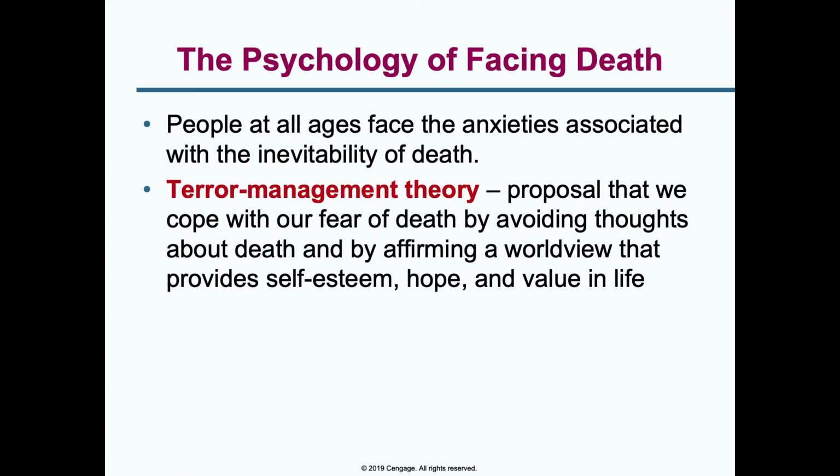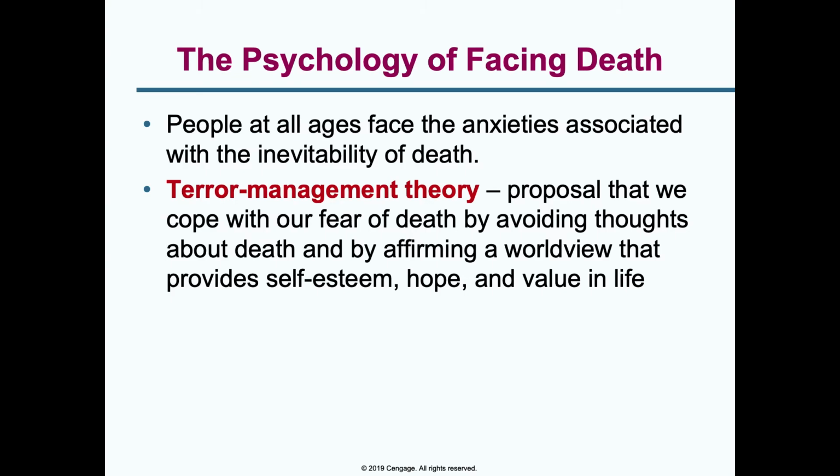Then there's a whole section on how people at all ages face anxiety when they think about the fact that death is inevitable. This does not just have to happen at an older age. We often all face anxieties, and to combat these anxieties, we use what we call terror management theory, where we cope with our fear of death by either avoiding thoughts about it, so not thinking about it, and we also affirm positive things.